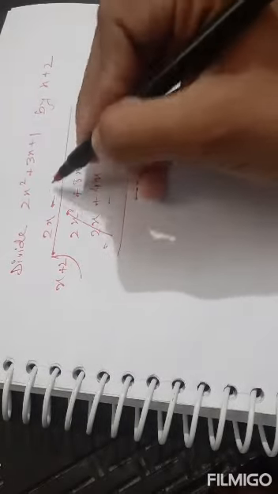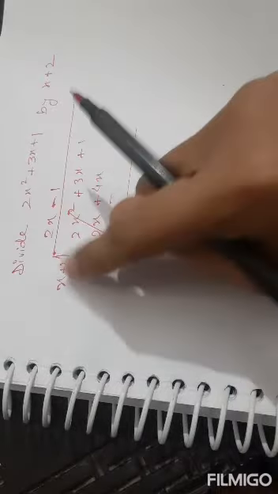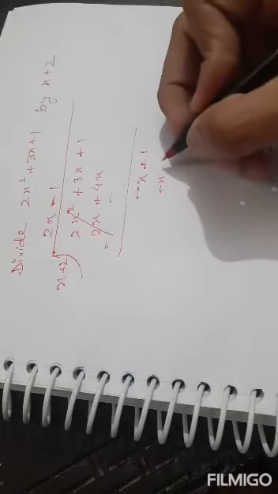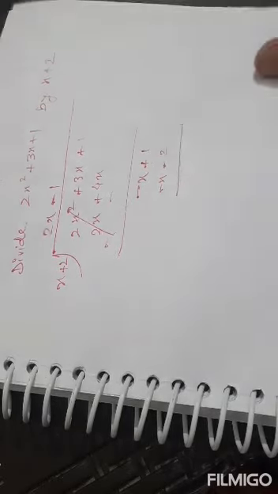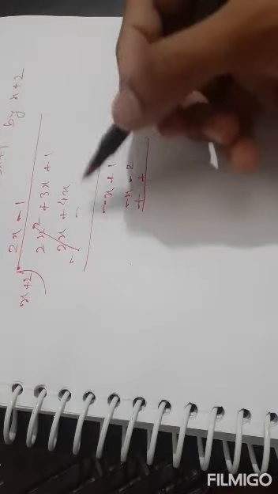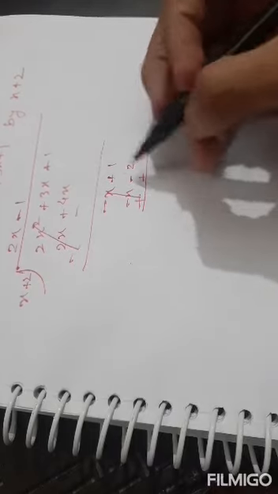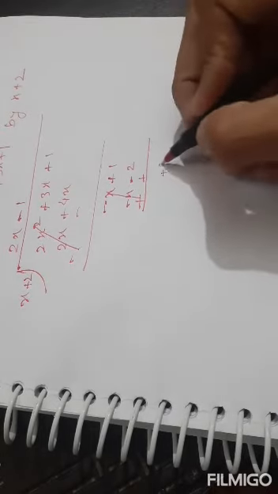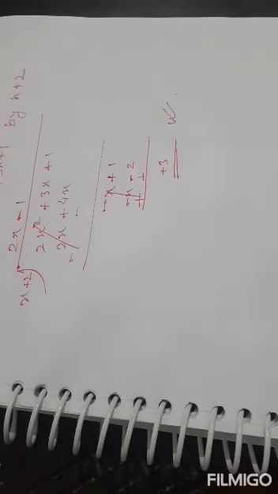You have to just multiply by minus 1. So minus x, minus 1 into plus 2, you will get minus 2. So the sign will change, because we are just subtracting. So this will become 0, and plus 1 plus 2 becomes plus 3. So this is the method by which you can divide.